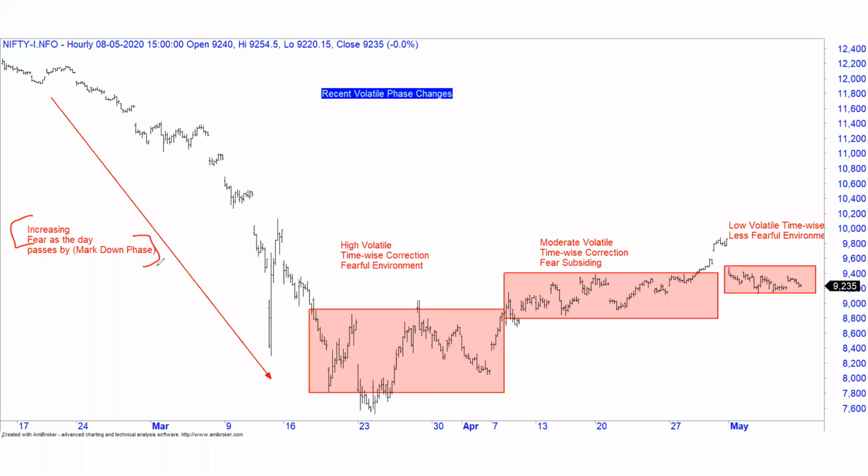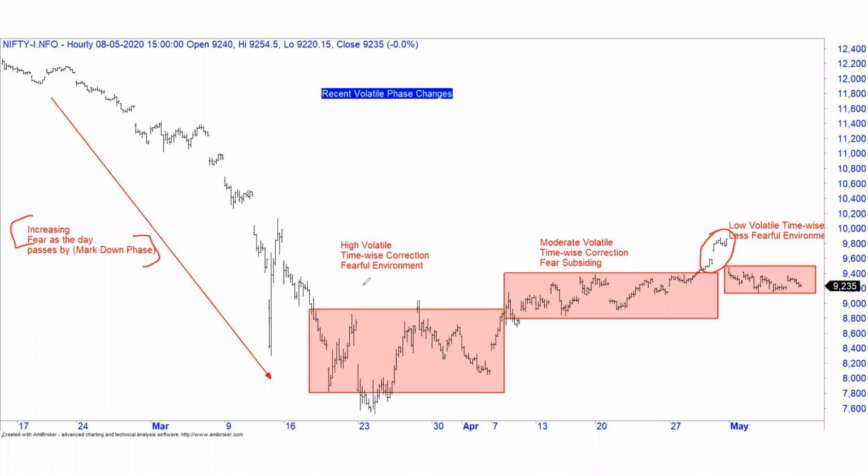Followed by that, in the April month, during most of lockdown 2.0, the market went sideways. Of course, a little excitement happened in the last 2 days of the April expiry. Otherwise, the majority of the time, the market completely went sideways in lockdown 2.0.